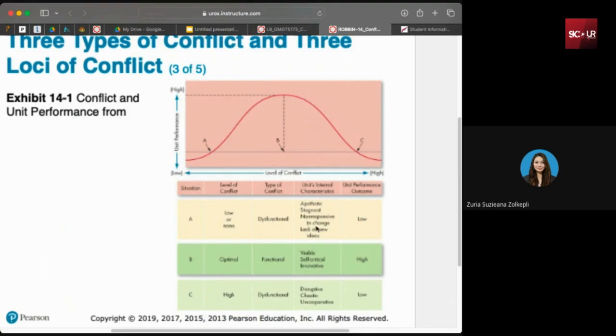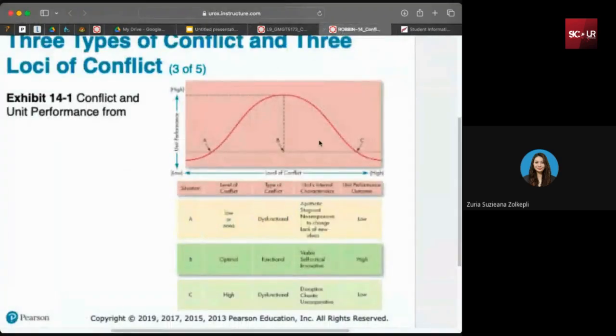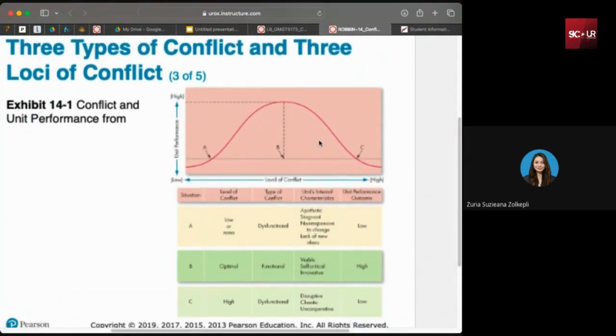So there is non-responsiveness to changes, a lack of new ideas. Remember that I said just now, when we have conflict, we can stimulate solutions. We can give a lot of ideas. But if it just looks harmonious at the workplace, maybe we don't discuss. I mean, we don't discuss what could be better.